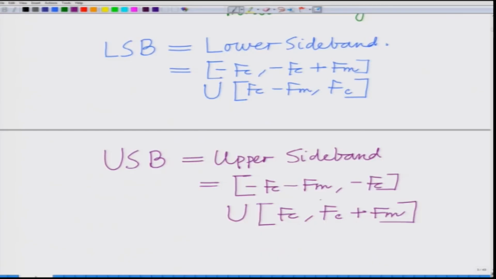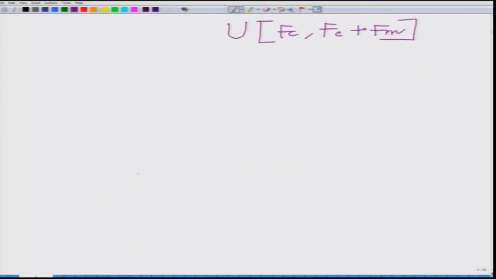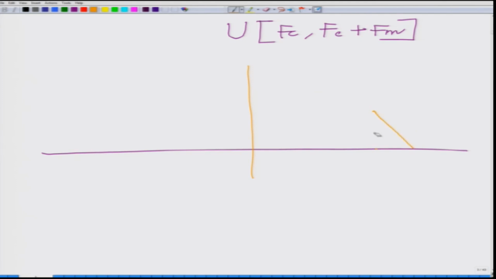Now, let us try to draw these two spectra separately, that is the lower sideband and the upper sideband. The spectrum of the upper sideband is only going to include the upper sideband.